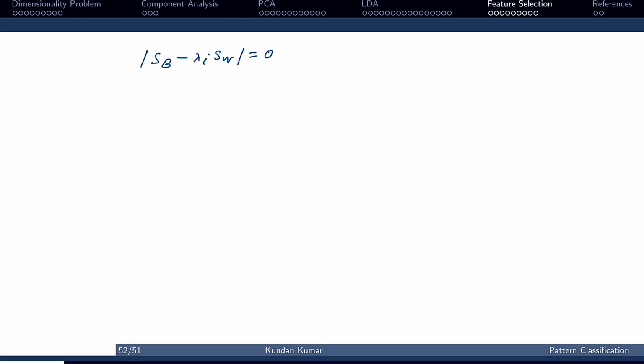Here we can solve this expression, and after solving it, we can obtain the eigenvalues.